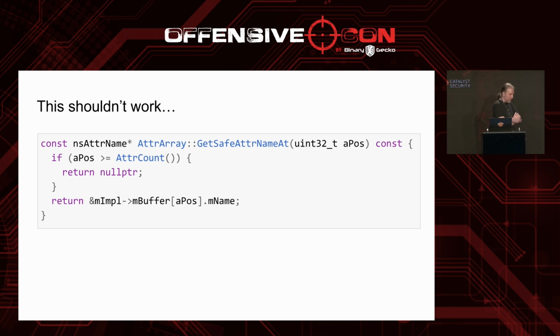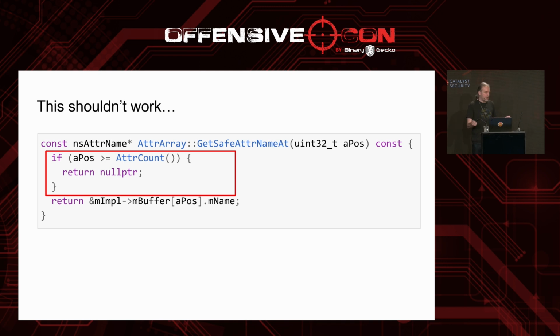Originally, I was reading just Firefox's binary code when I was working on the exploit, and I missed one thing. Because if you read the source code, you can clearly see that there is a bounds check when accessing attributes. And that bounds check is here. So it shouldn't work, right?